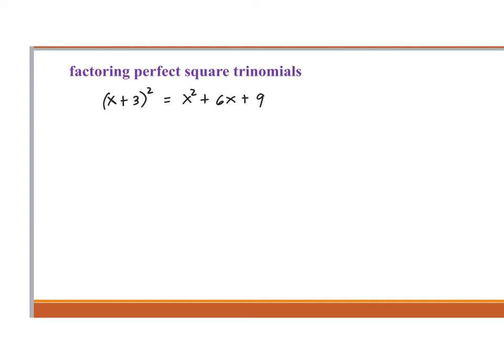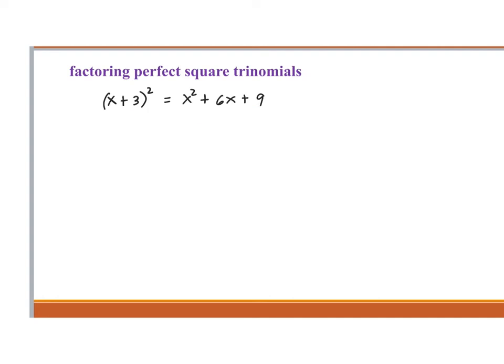When we multiply x plus 3 times x plus 3, the result is x squared plus 6x plus 9, which means that when we factorize x squared plus 6x plus 9, the factors are x plus 3 and x plus 3.